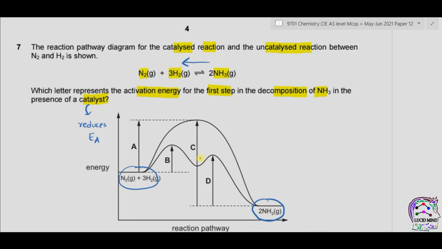Now C represents the activation energy of the decomposition of NH3 without the presence of catalyst. This is because this one is greater. And D represents the activation energy with catalyst.